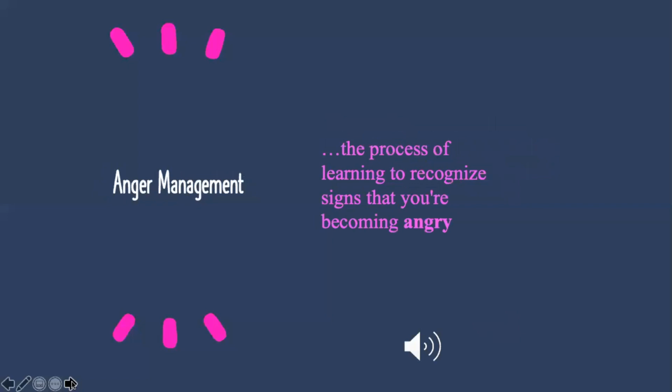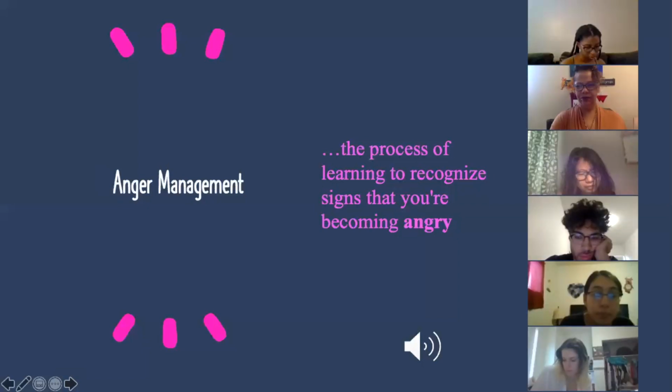Anger management. Wow. Yeah, other than the movie, there is really a system involved in anger management. It really is this process of learning how to recognize signs and signals that trigger you becoming angry. With that, learning how to take action on these triggers to calm down and really deal with the situation in a more productive way.